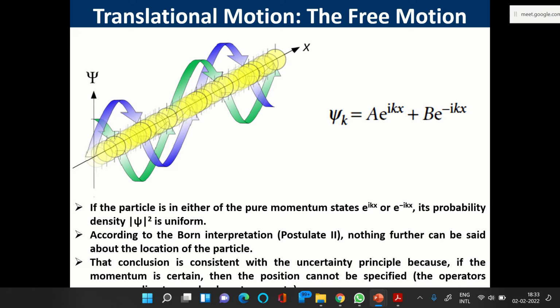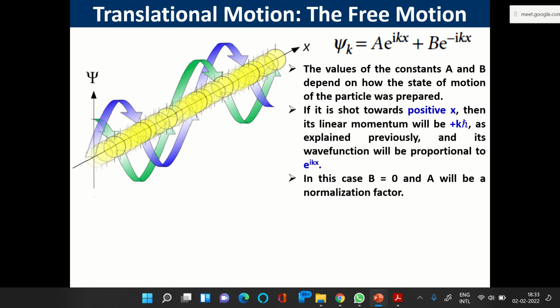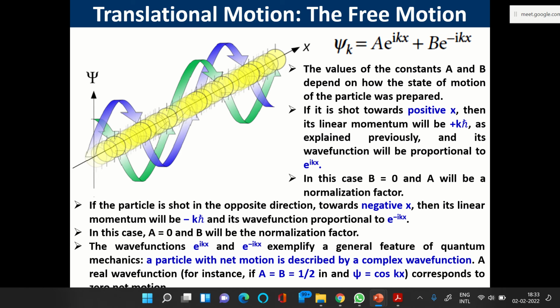We can have a equal to 0 or b equal to 0 to describe a net motion of the particle either in plus x direction or in minus x direction. So this is the free motion that we were talking about. No quantization emerges in this case because any value of k will be acceptable, and so the energy will also be changing continuously.